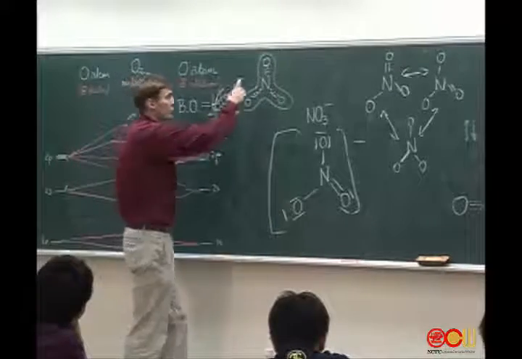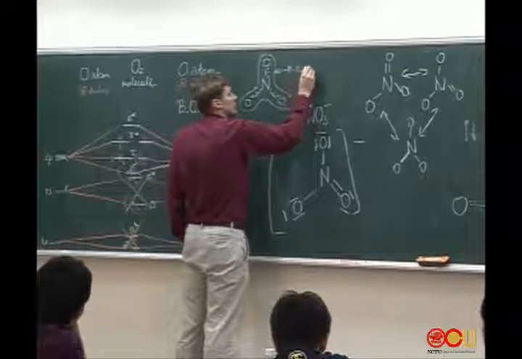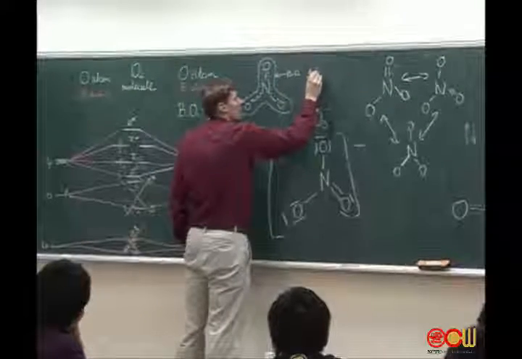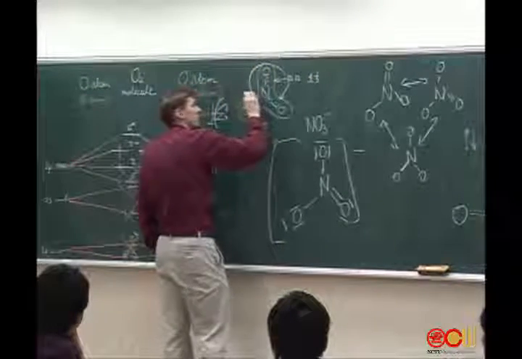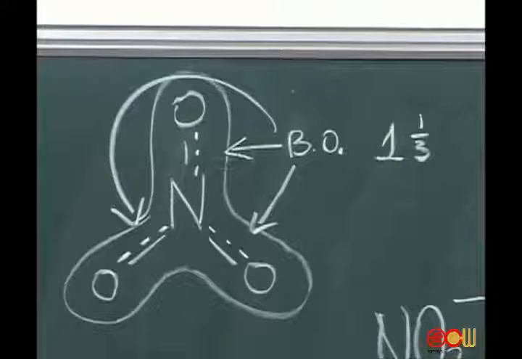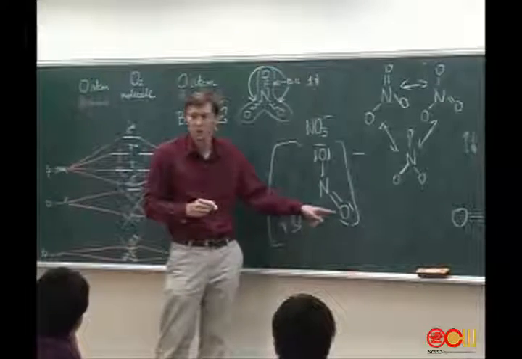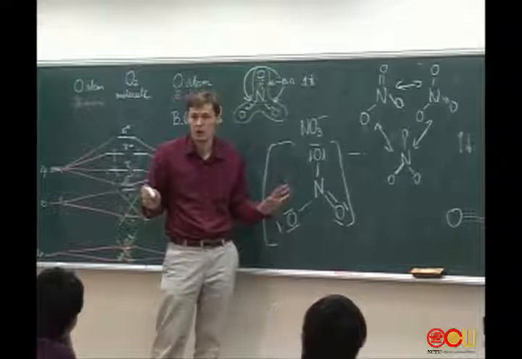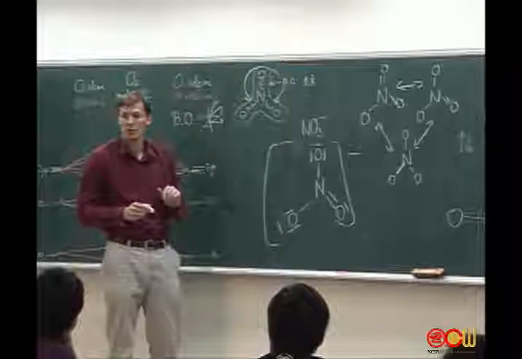So the bond order here is 1 and 1/3. The same bond order here and the same bond order here. If we do this, then it's not a problem where to put the double bond. There is no double bond there at all. There is one bond that includes all the atoms.